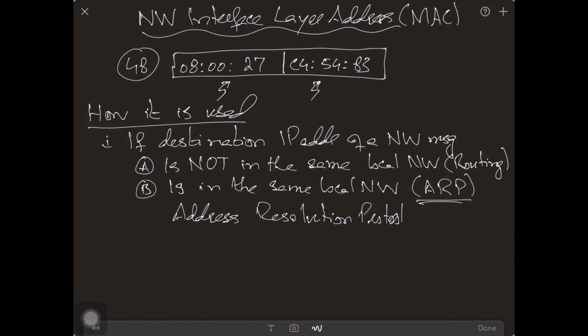For this, the source computer operating system first checks its own ARP cache, and if the corresponding MAC address is not there, the source computer sends a request containing the destination IP address to all the computers in the local network using the broadcast MAC address, that is FF.